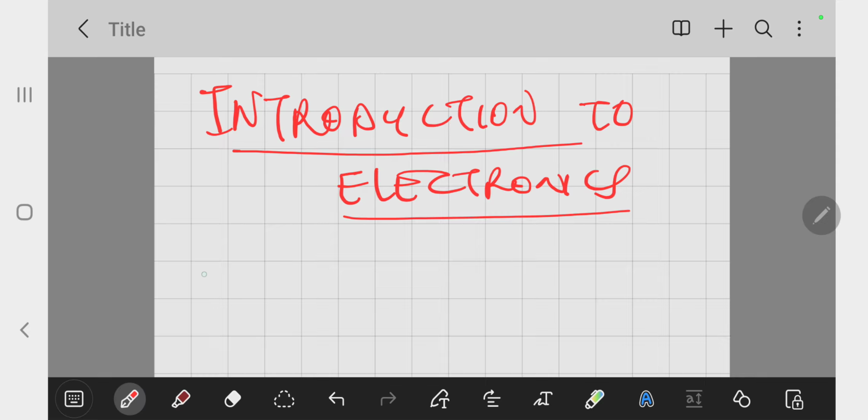So we can begin. One thing we want to first and foremost tackle is the definition.